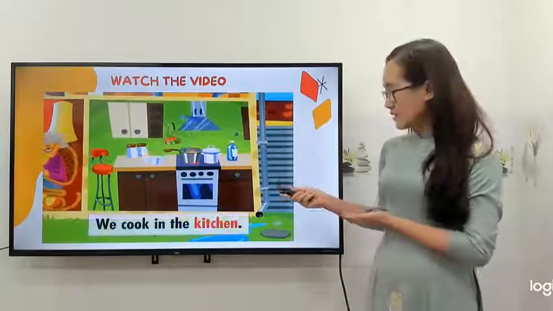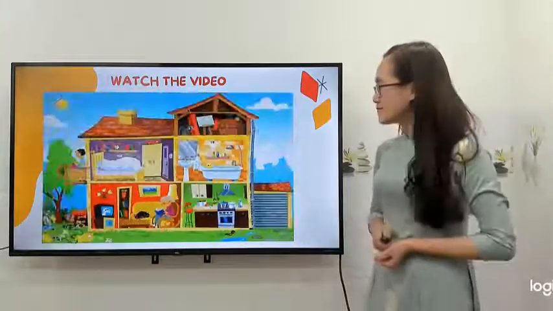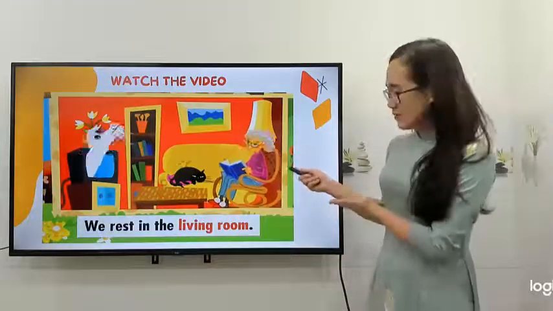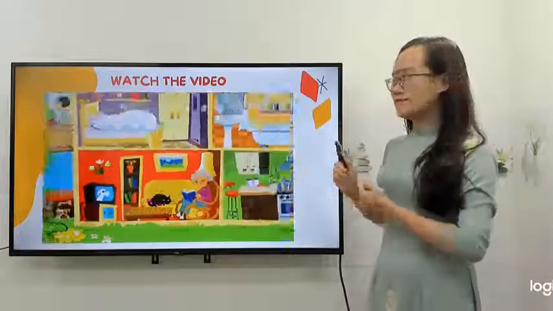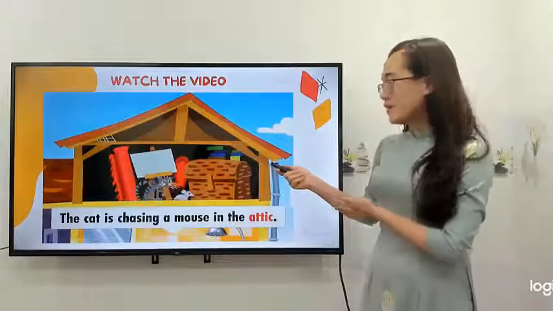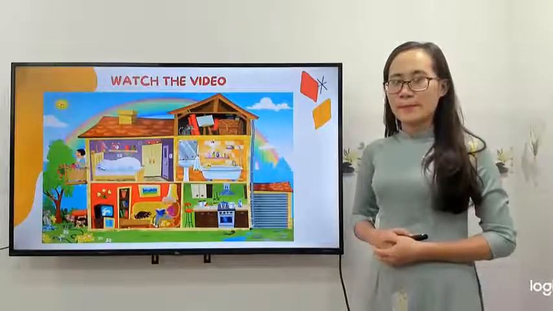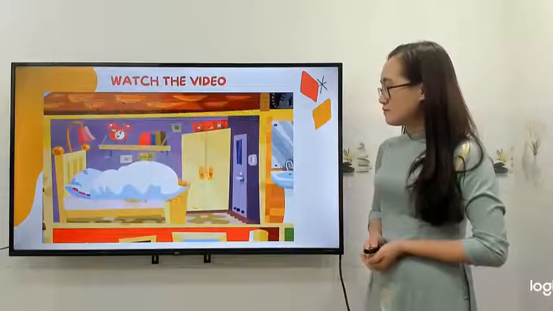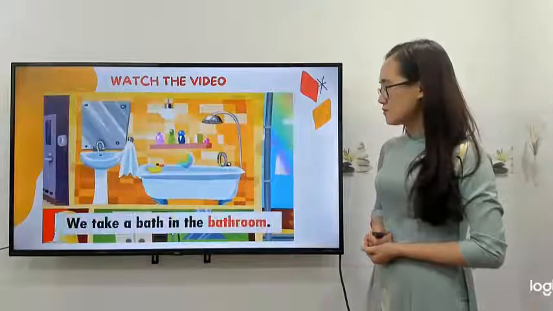Kitchen. What is it? Kitchen. Living room. We rest in the living room. What is it? Living room. Attic. What is it? The cat is chasing a mouse in the attic. This is an attic. Bedroom. What is it? We sleep in the bedroom. Bathroom. We take a bath in the bathroom.